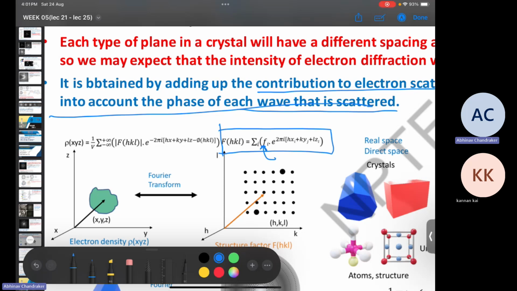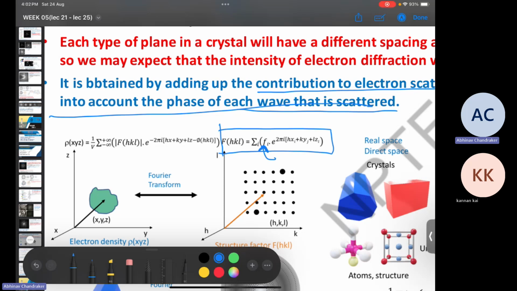I can't recall the exact term for this small variable, but this tells you how much scattering is happening for a particular atom, and it will differ for different atoms because the electronic structures of different atoms are different.